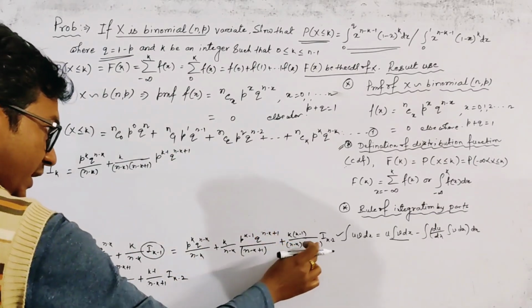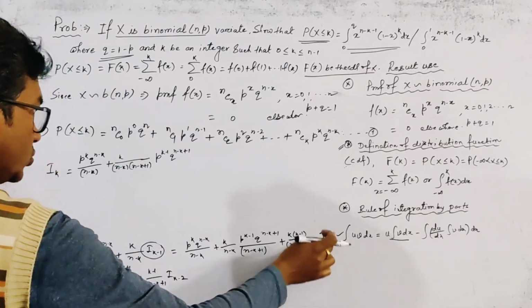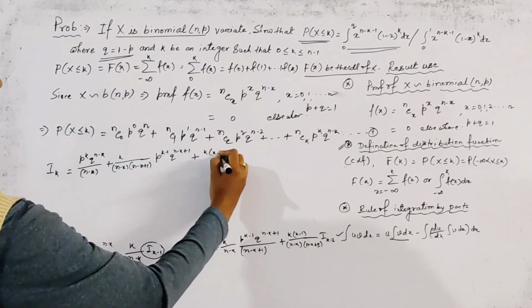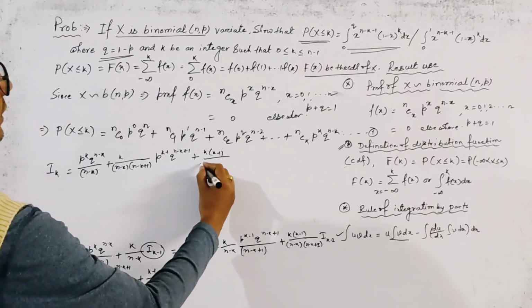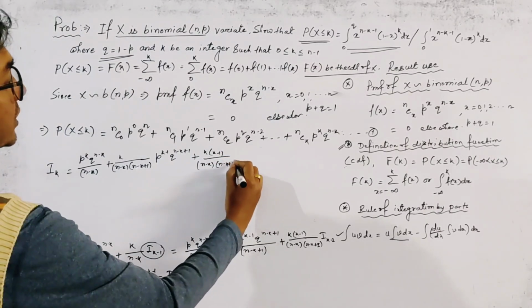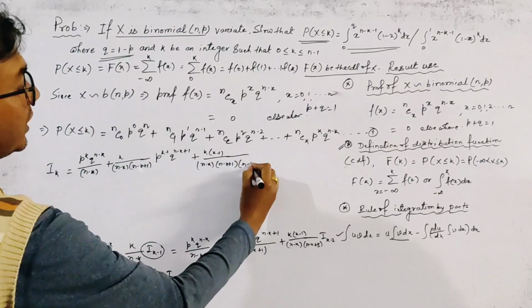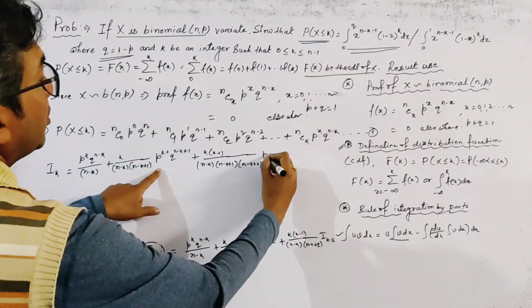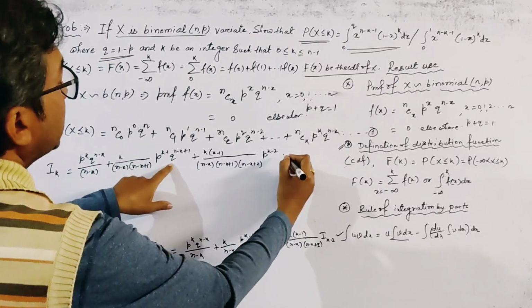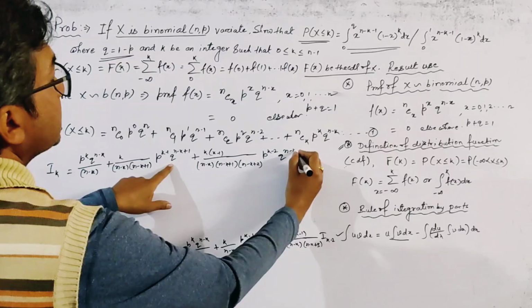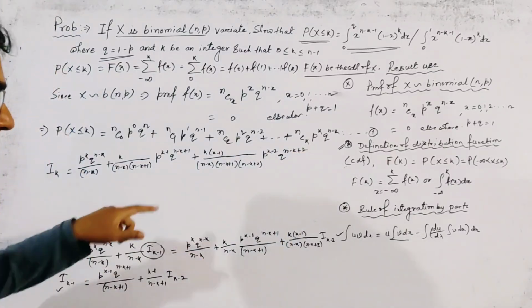And by putting here the value of I_{k-2}, we get the value: this is k into (k minus 1) by (n minus k) into (n minus k plus 1) into (n minus k plus 2) into p to the power k minus 2 into q to the power n minus k plus 2.